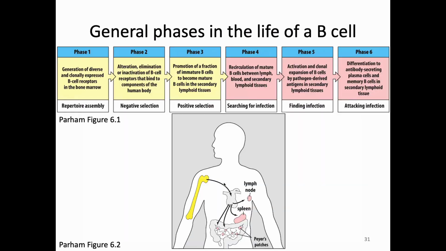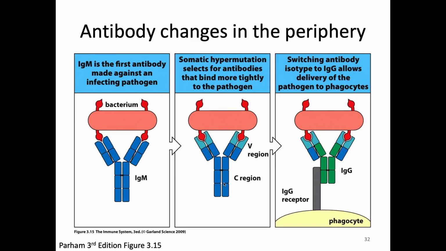There are also some changes that happen to the antibody that is made by those B cells. And so there are two major changes that happen to the antibody made by a particular B cell when that B cell is in the periphery. Those two changes are called class switch. That's a bad piece of chalk.